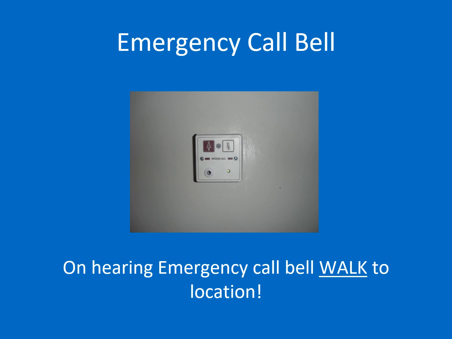Now, other staff, if they hear the emergency call bell, they should make the resident safe if they're with them, and they should walk to the location of the emergency. There should never ever be any running inside the care home. Now, if you really can't leave the service user because it's not safe, then you have to stay with them. So it's not the same as the fire alarm, where you do have to attend the assembly point.